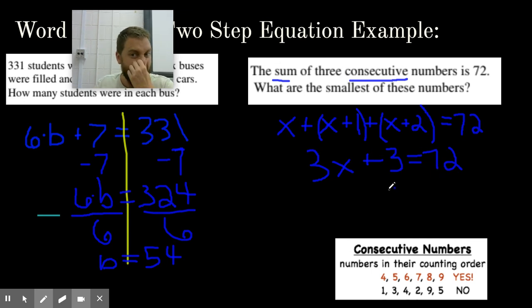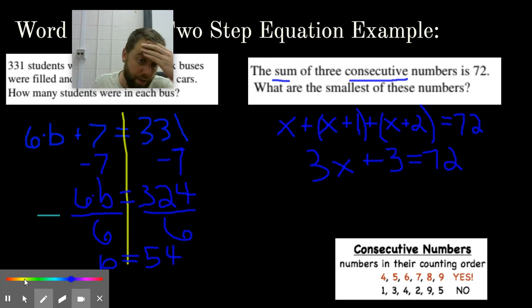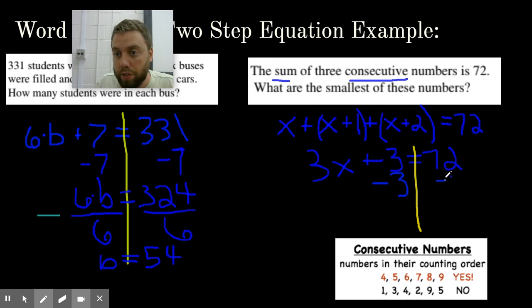Now, to get this x by itself, now that we have an equation to solve, we're going to get rid of this 3 first, put the 3 to the other side, gives us 3x equals 69, and we're going to divide both of these by 3 because they're multiplied.